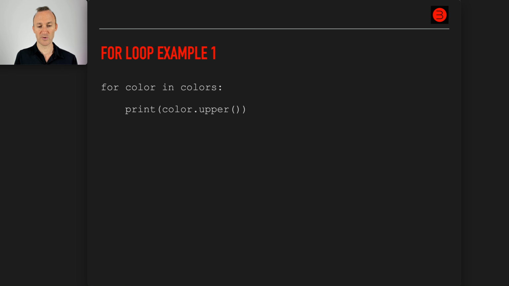So .upper is a method on a string. The elements of colors are in fact strings. And again, as we rotate through, we call them all color, okay? And so what this line of code does is display each element in the list colors as uppercase.